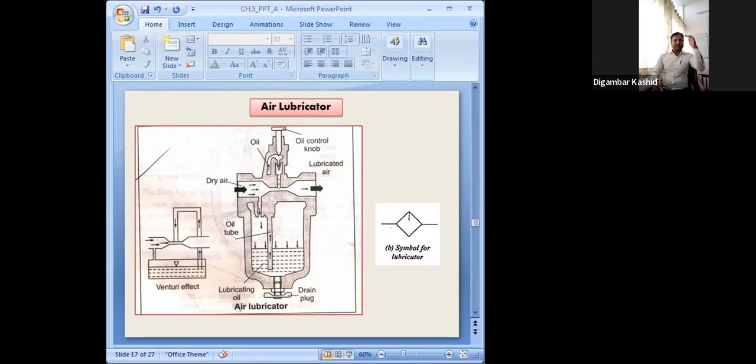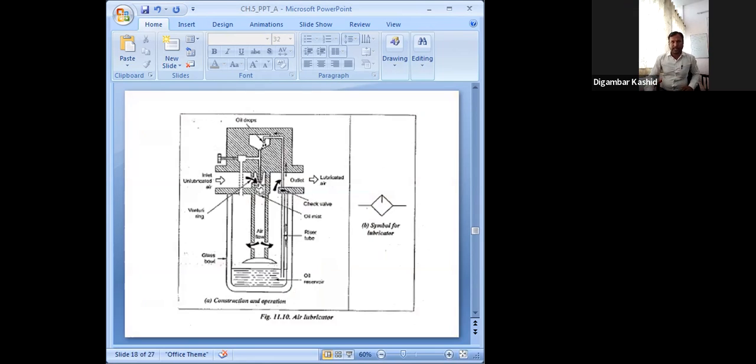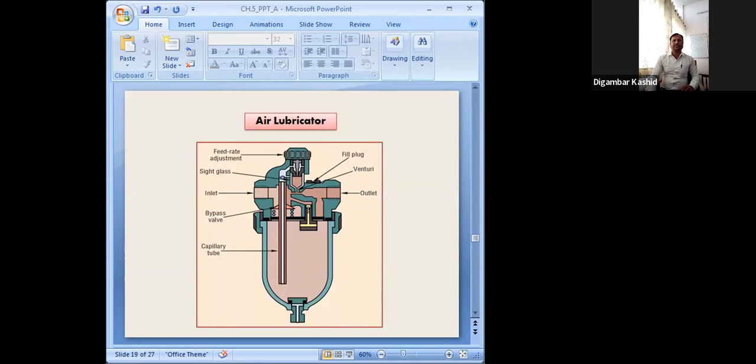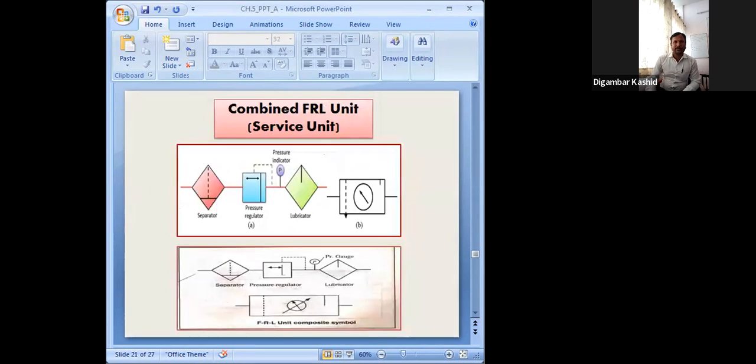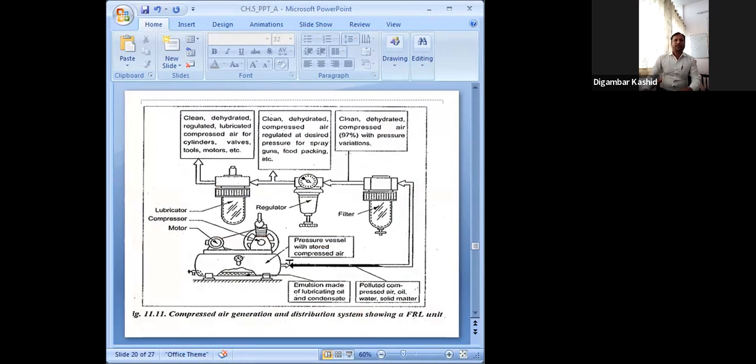Now if you combine the air filter, air pressure regulator, and air lubricator together, then we get this FRL unit. You can see here the air filter, which gives clean, dehydrated compressed air with pressure.